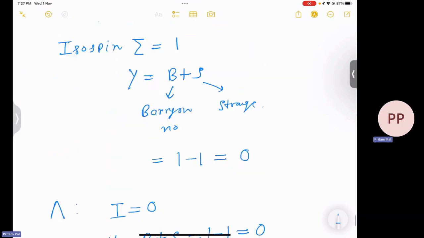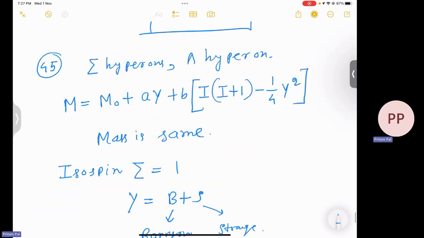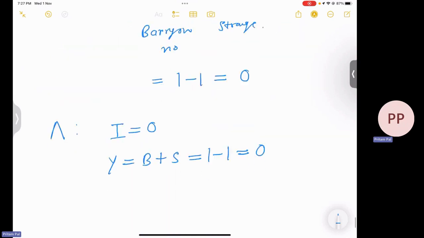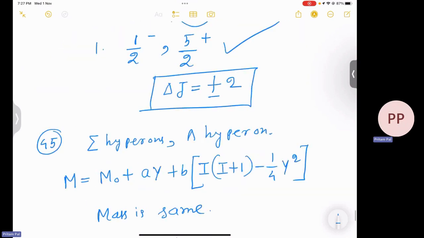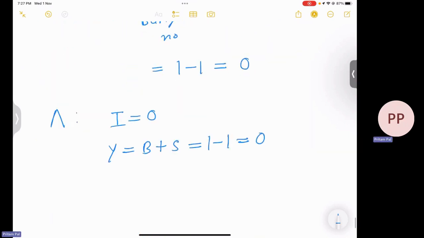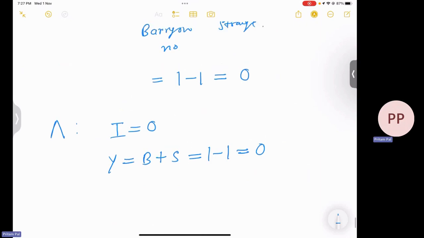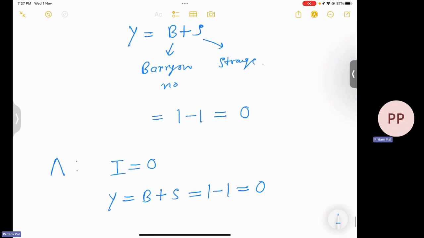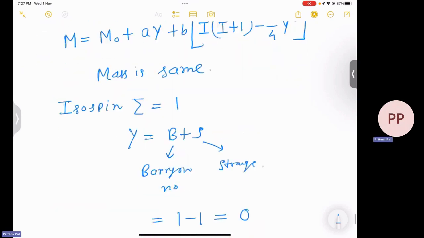But the thing is, the mass will be the same. If you carefully look into the problem, the mass has to be the same. Y is also the same, which is 0. Only the isospin is changing, but you have to keep the mass the same with all these constraints. So M is not dependent on I. If it were dependent on the isospin, then the mass would have been different, but this is not the case.